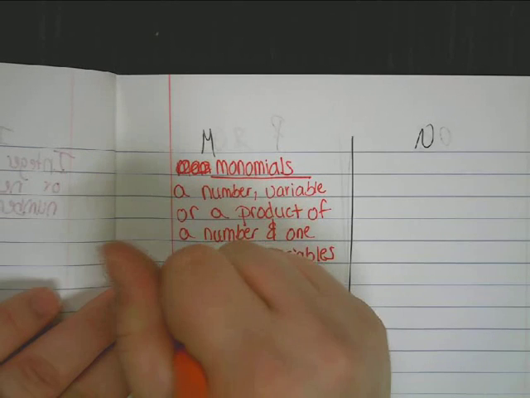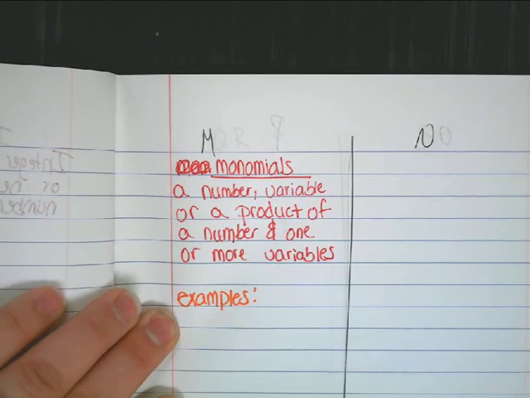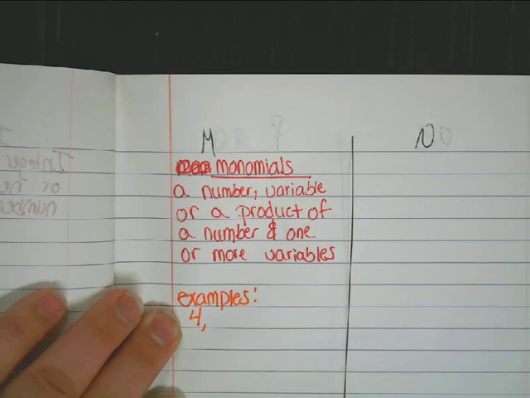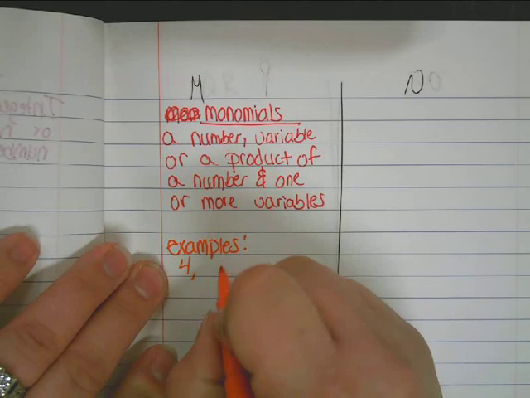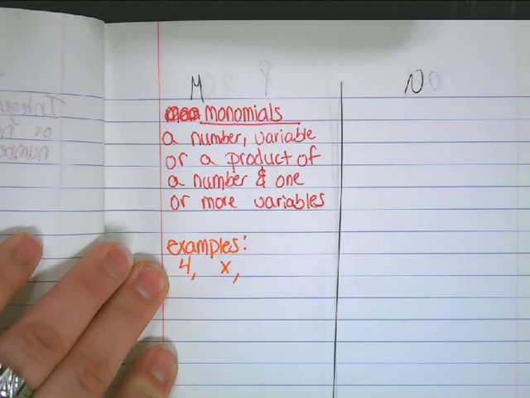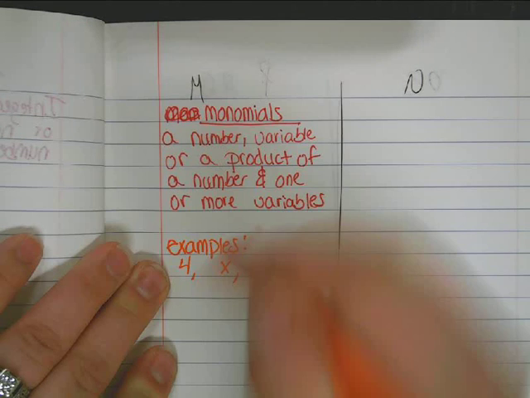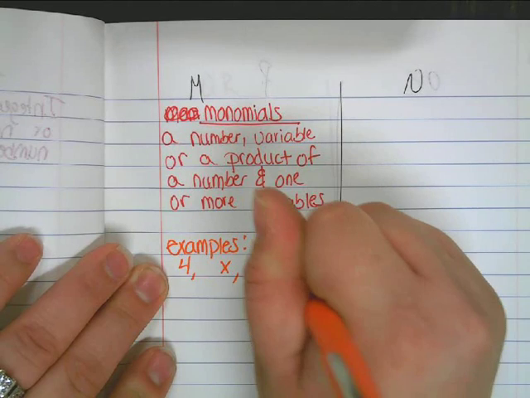So some examples. You could have a number, so you could have 4. That would be considered a monomial. X, your variable, that would be considered a monomial. Who comes up with these names? Or you could have 3x squared y to the third.